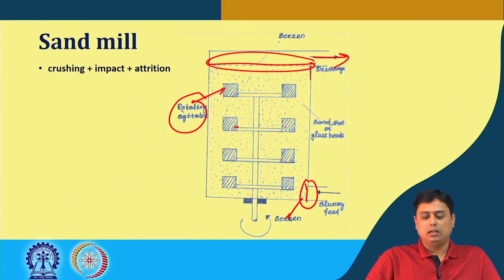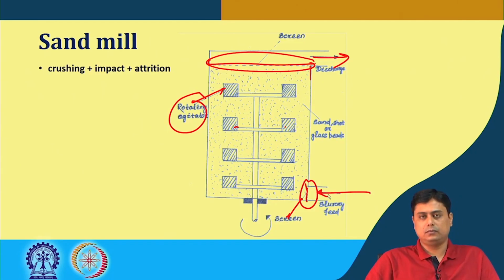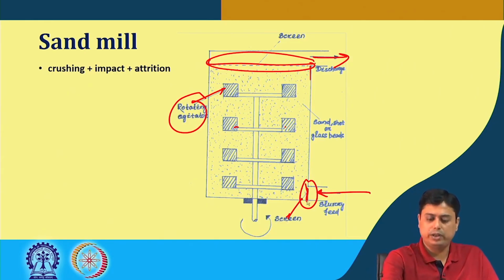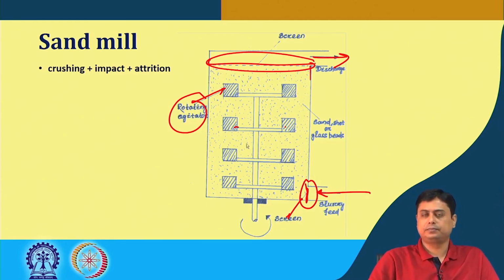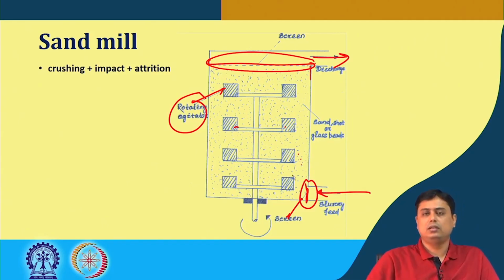The other point is that when we see that this slurry comes in of certain size, that is also dictated by the screen size. It goes inside in the bed of sand or the glass beads, and here what happens, it is crushed between the surfaces with the impact as well as the attrition between the sand particles, glass particles or the interparticle movement due to this rotation of this agitator.